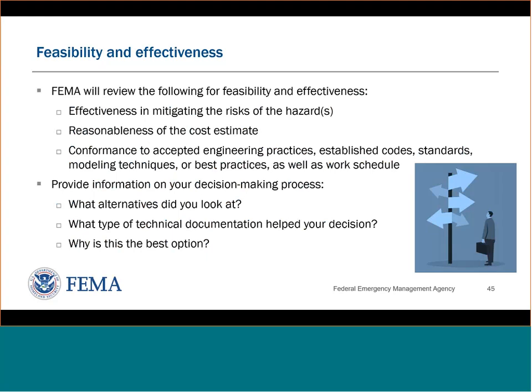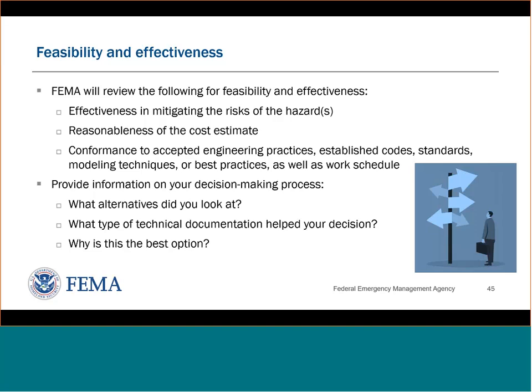Provide information on your decision-making process to help the reviewers understand what alternatives you looked at, because we're looking to see if this is the only thing you're considering, and we probably have some serious questions about the project if you don't address it.